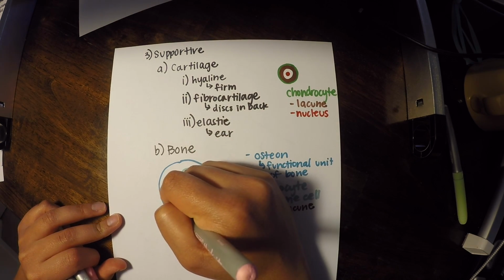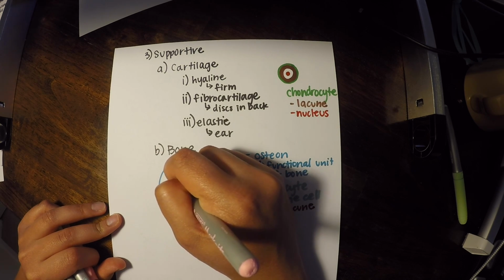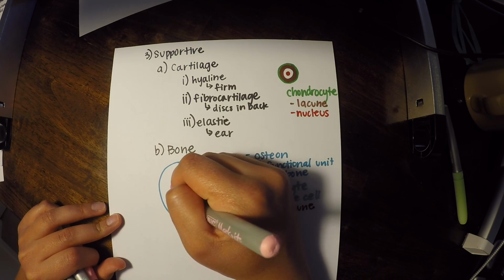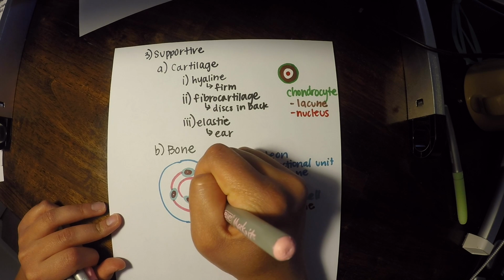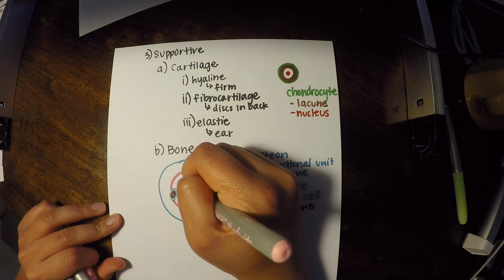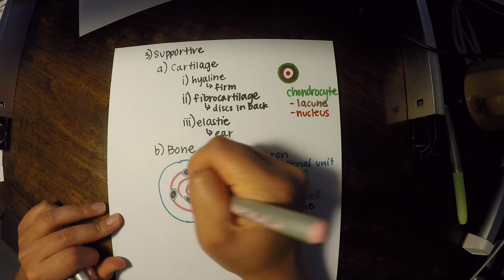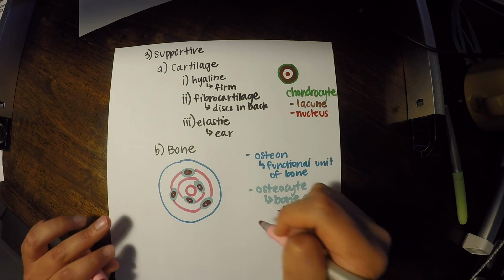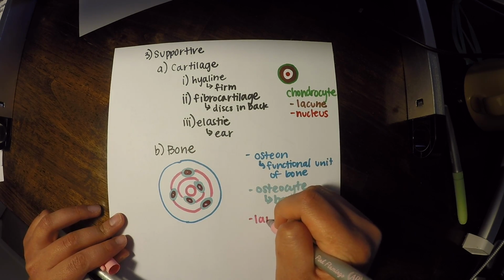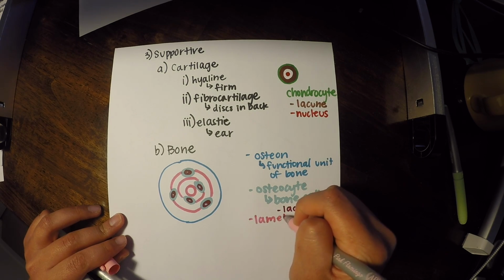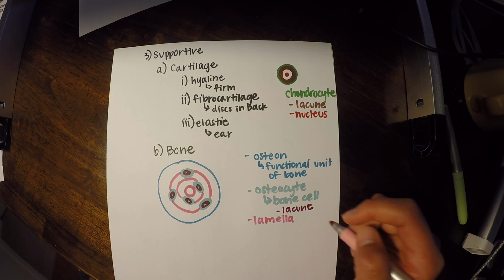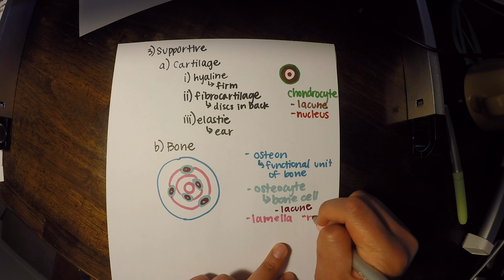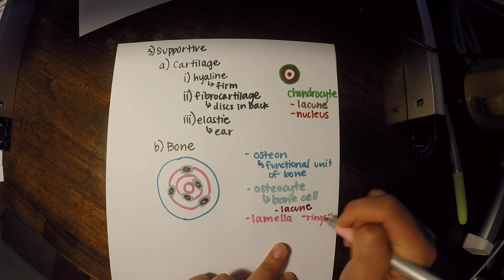So they're going to be like these big ring structures. Those are lamellae, which is rings.